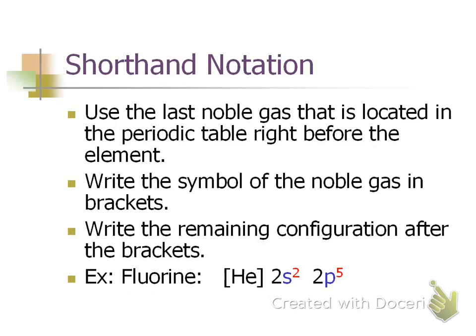So let's do an example for calcium, okay? Calcium, okay? This is how I'm gonna write it. So I went to argon, see, the row before, and then 4s2. Does that make sense?